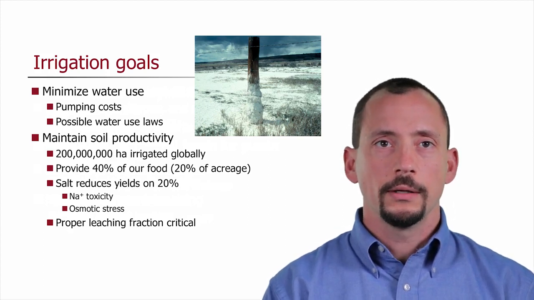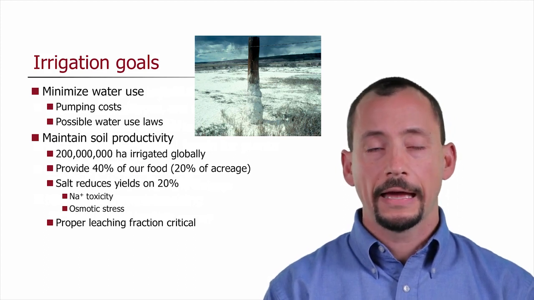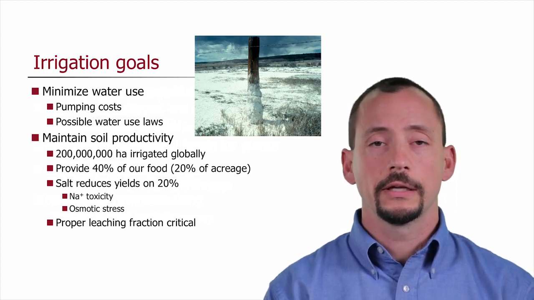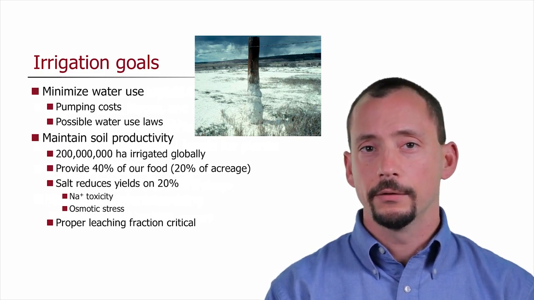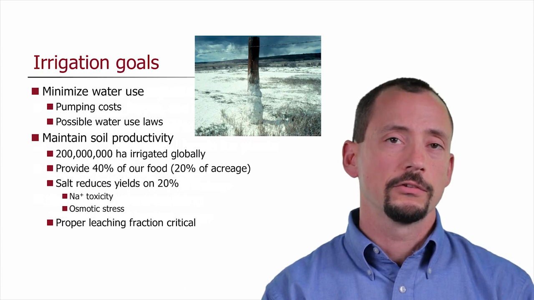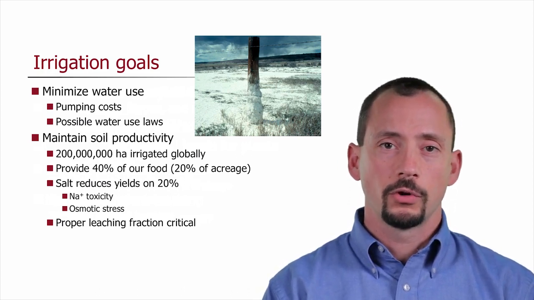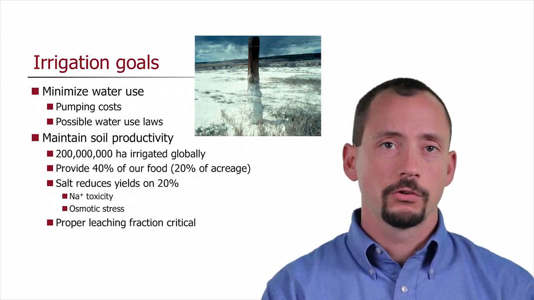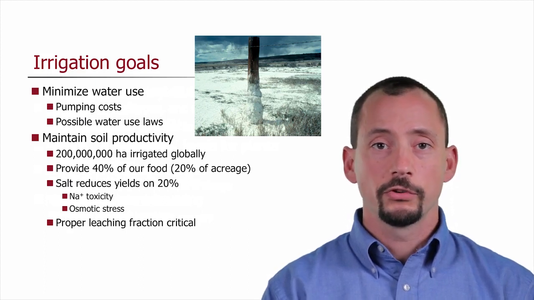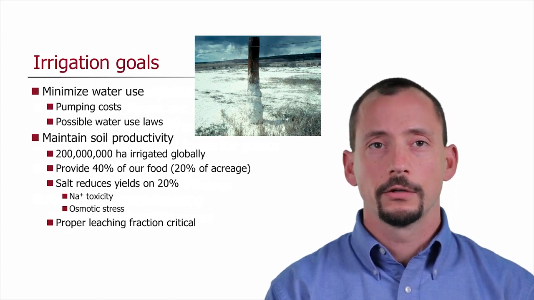So 200 million hectares of ag land are irrigated globally, and this produces almost half of our food on only 20% of the acreage. And so if we don't do a good job of controlling our irrigation and we have salt buildup or salinization in those soils, then we will see drastically reduced yields, and sometimes these problems are hard to remedy.